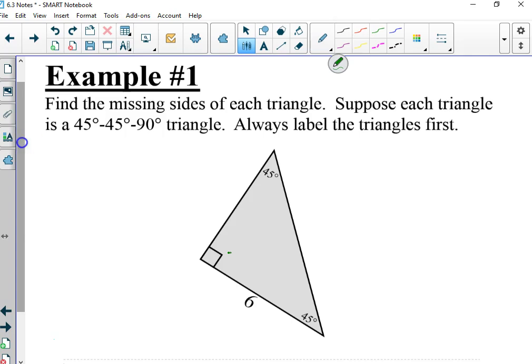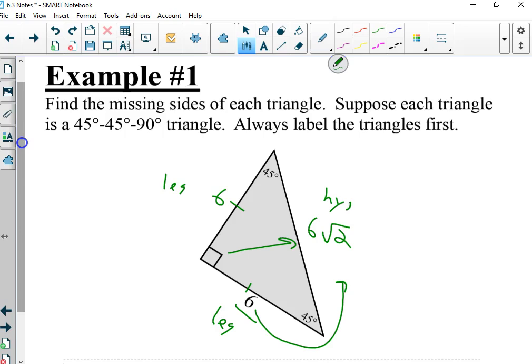Okay, so there's my hypotenuse. We have 6 here, which right away you know those are both 6. And then going from small to the hypotenuse is simply 6 radical 2. So you have leg, leg, hypotenuse.